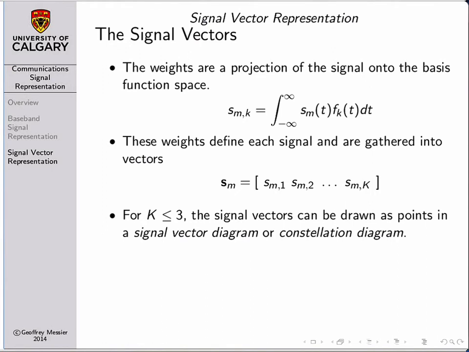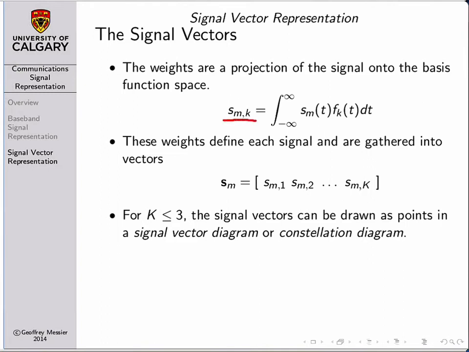Now, how do we come up with these weights? Well, basically, the weights that we put in front of our basis function signals are the projection of each modulated signal onto the basis function space. So let's say, for example, we want to figure out the weight that the second modulated signal needs to put in front of the third basis function.